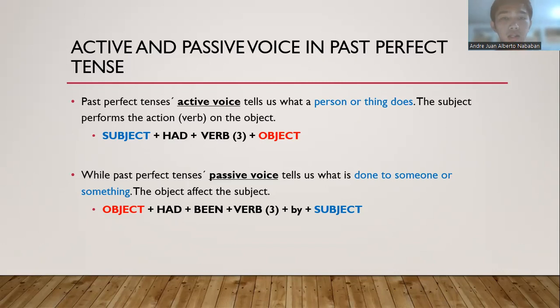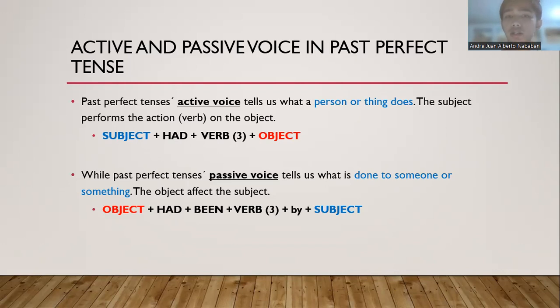So here I give you the explanation. It is written that in the past perfect tense, active voice tells us what a person or thing does or did. The subject performs the action or verb on the object.